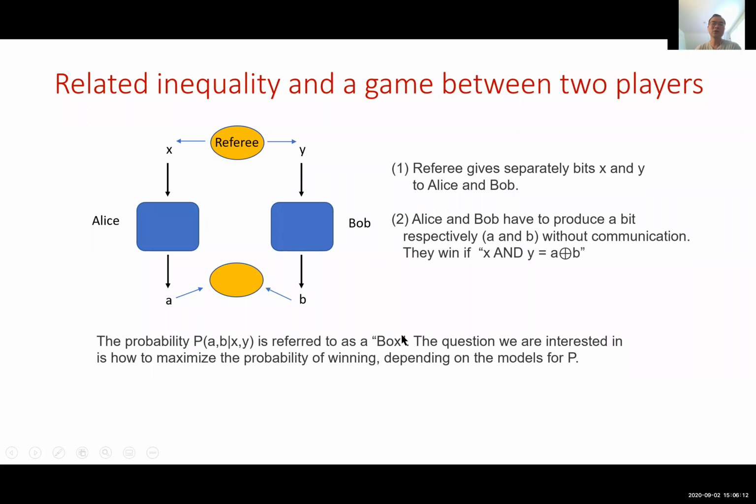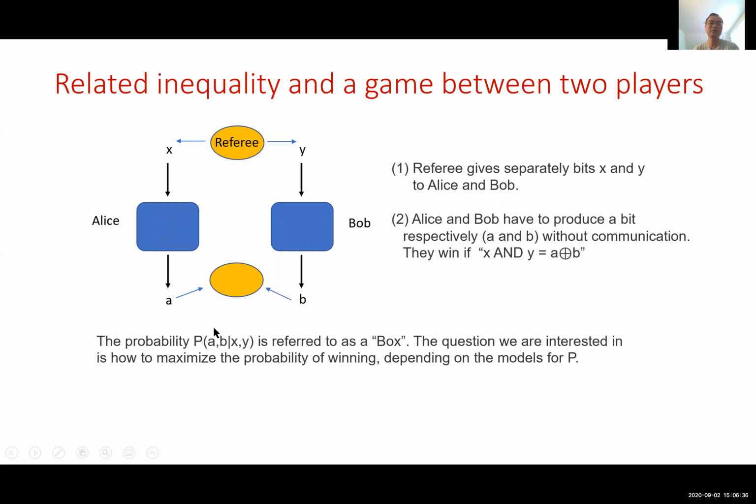So the question we would like to ask is, how do we win this game? What is the maximum probability of winning the game? It turns out it depends on the model.